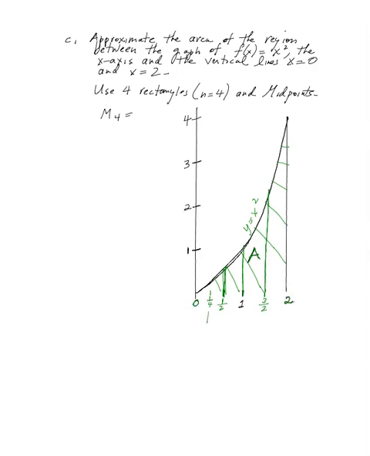I'm going to put a little arrow here because that's my midpoint, and I'm going to use that to get the height of my first rectangle. What's halfway between 1/2 and 1? Halfway between 50 cents and $1. 3/4. That's my second midpoint.